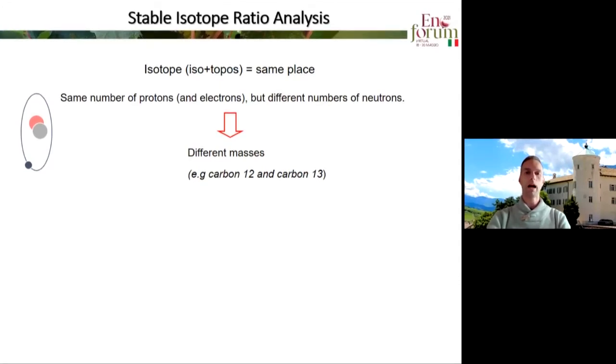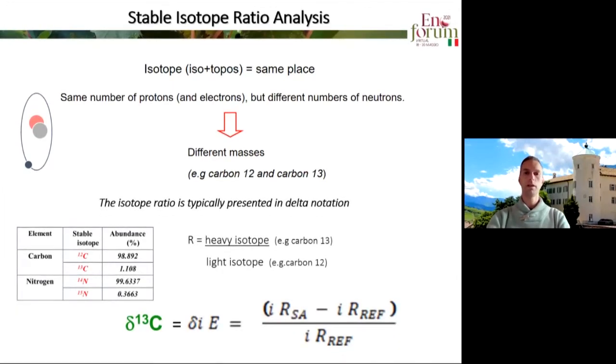We talk about isotopes, that is atoms with the same number of protons and electrons, but different numbers of neutrons, so different masses. For instance, for carbon, we measure carbon 12 and carbon 13, which are brothers of the famous carbon 14, which is not used for this type of analysis, though.